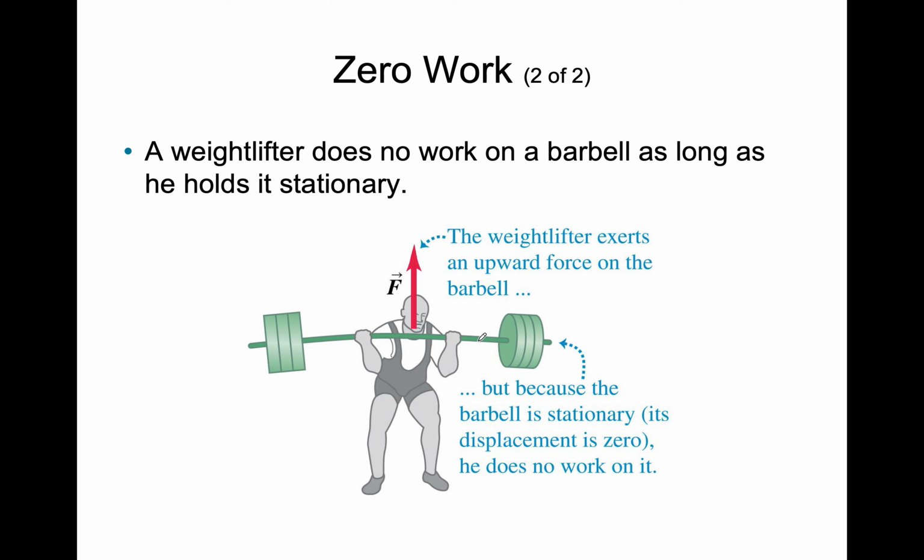Now, if we have a weightlifter just holding this dumbbell, he's applying a force, but the dumbbell is not moving. There's no displacement, so it is also 0 work. So to have work, we need 2 things. First, we have to have displacement. Second, the force has to have a component in the direction of the displacement.